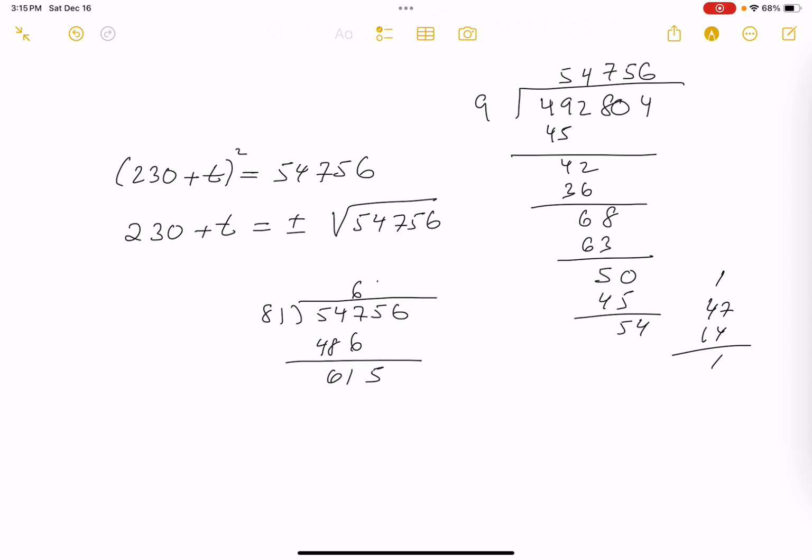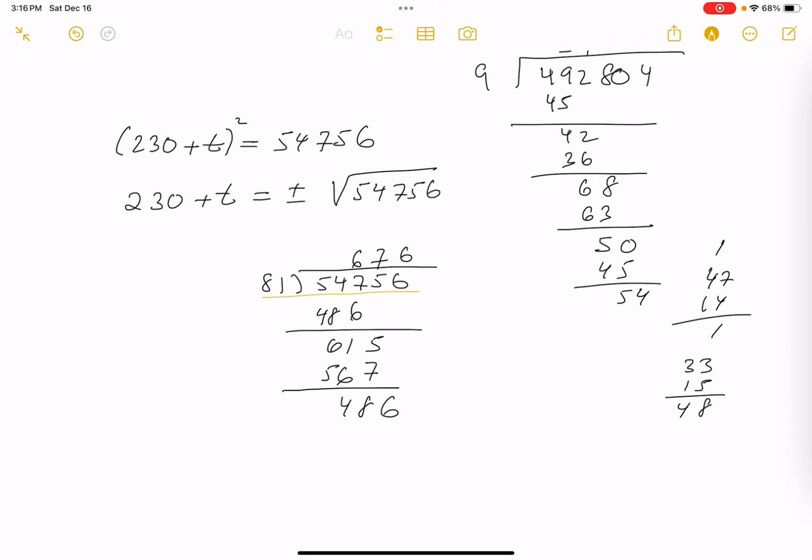I'm going to say 7. 7 times 1 is 7. 7 times 8, 56. Let's see, you get 33 and 15, which is going to be 48. Wow, look at that, 6. All right, so I got something. I'm going to put this down for you: 230 plus t equals plus or minus, well, I know there's an 81 over here, so it's the square root of 81, which is 9, and then a much simpler number, which is 676.